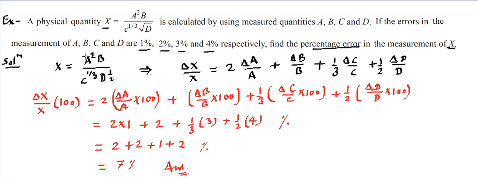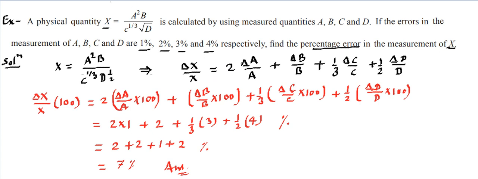Mind it, whenever we are using this kind of expression, no matter whether the quantity is in the numerator or in the denominator, we always add them up, and whatever power they carry, these powers come in front. We should not get confused by this.